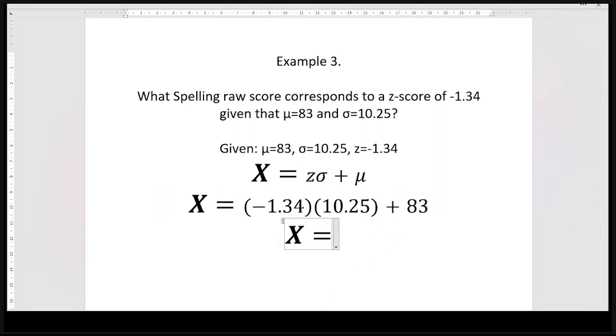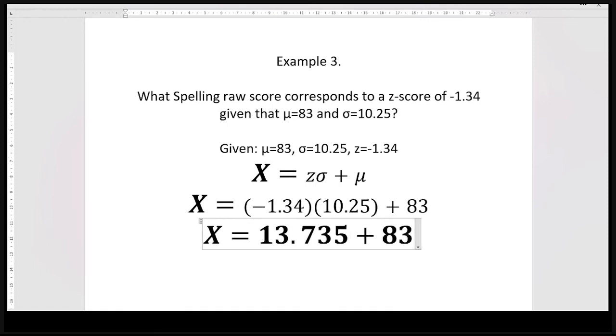We have negative 1.34 multiplied by the population standard deviation, which is 10.25. We got 13.735. 13.735 plus the population mean, which is 83.